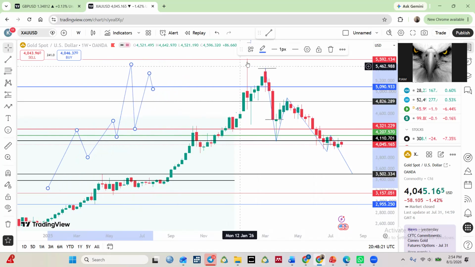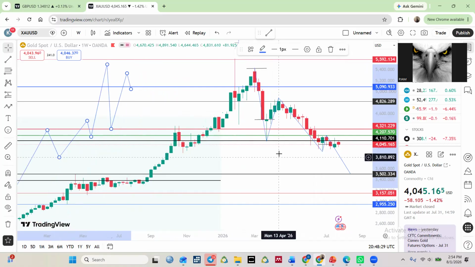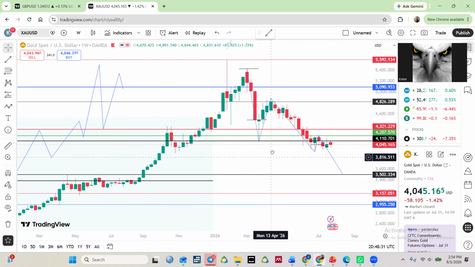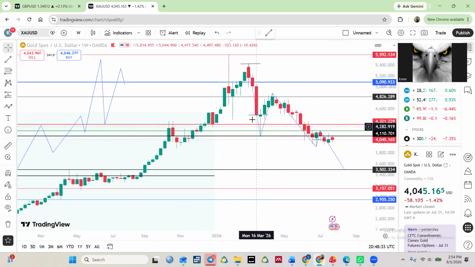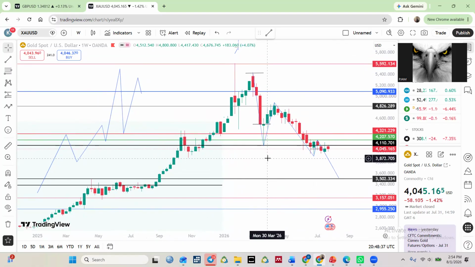The wick, you mean the line? Yes. I think you are supposed to draw it from the bearish. No, no, no. We don't use single candles, a single red or a single green, for any of the analysis.